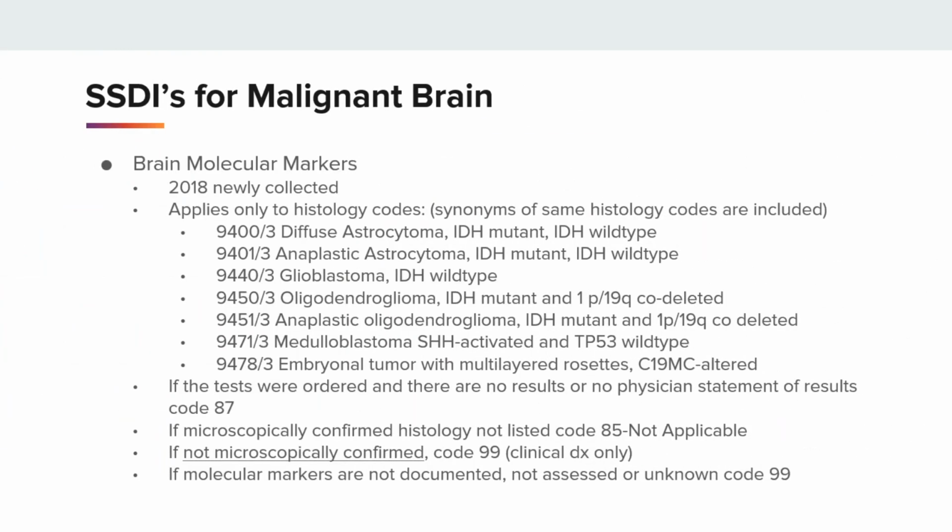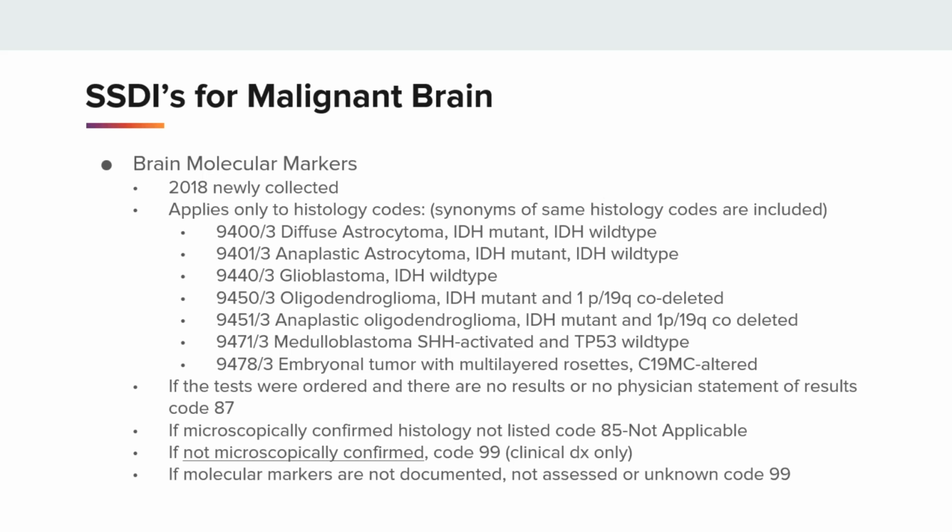The first SSDI is new since 2018. The multiple brain molecular markers have become standard pathology components necessary for diagnosis. This data item captures clinically important brain cancer subtypes identified by molecular markers that are not distinguishable by ICD-O-3 codes.